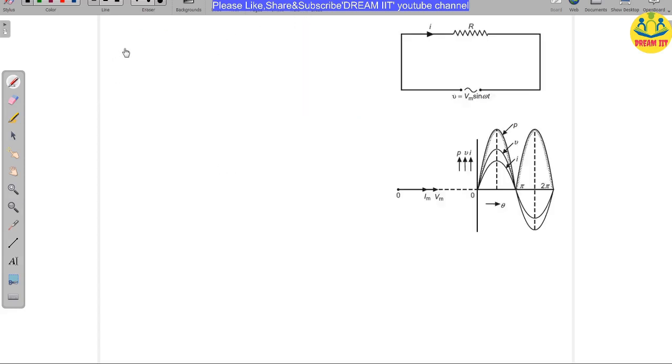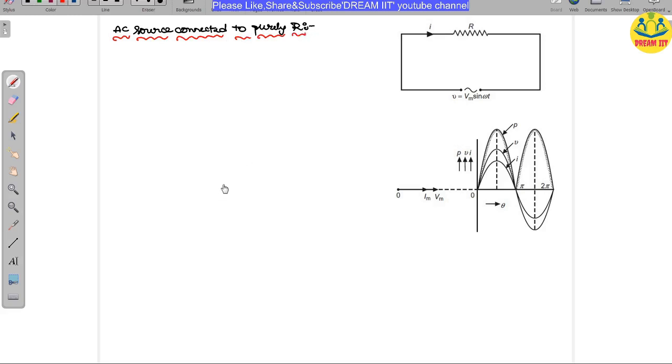This is an AC source connected to a purely resistor circuit, purely R. This is the circuit. First we are going to see what happens when you connect an AC source to a purely resistor circuit.